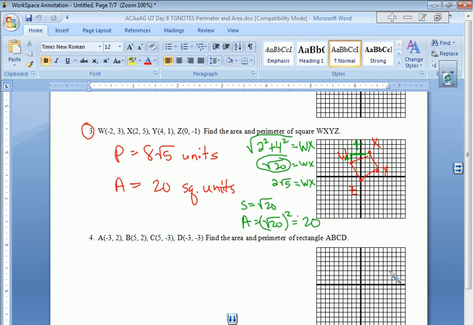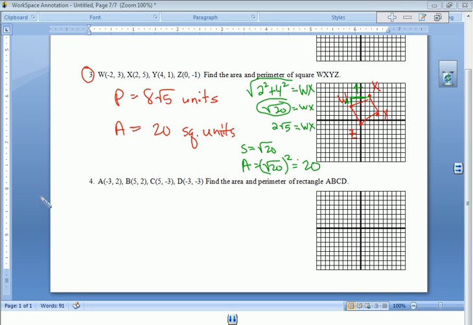Okay? All right. Number 4 is probably the easiest one on the page. It'll be our last one to try.